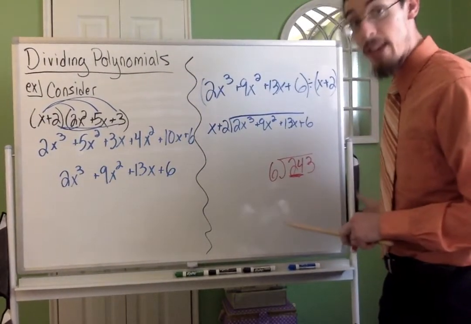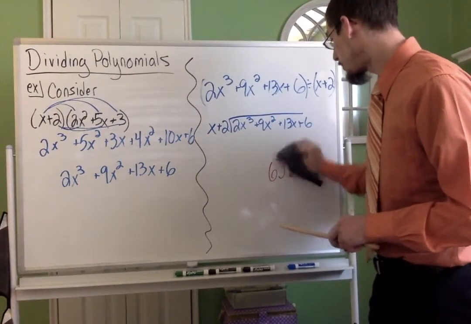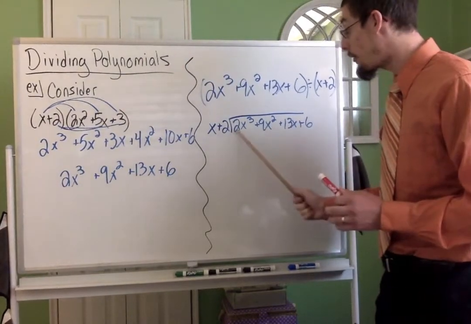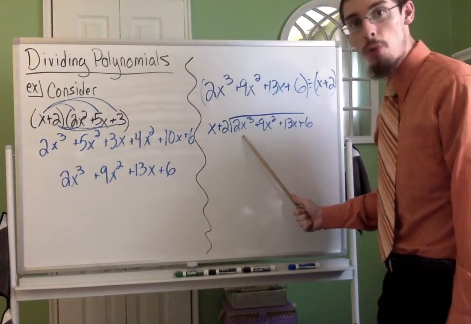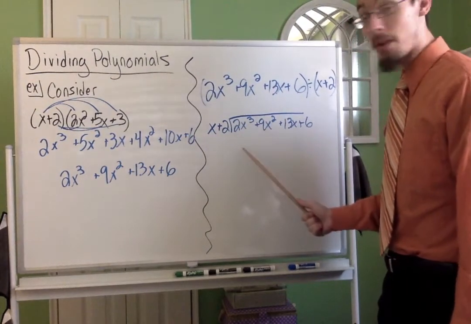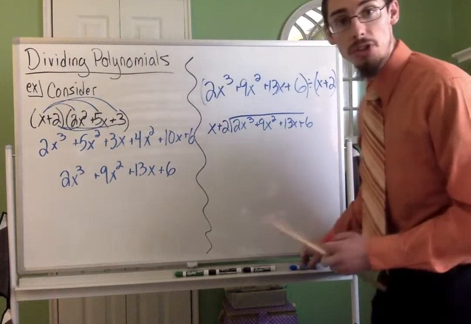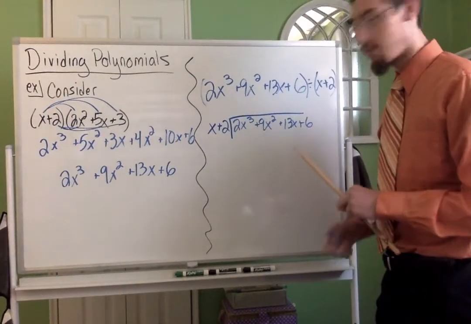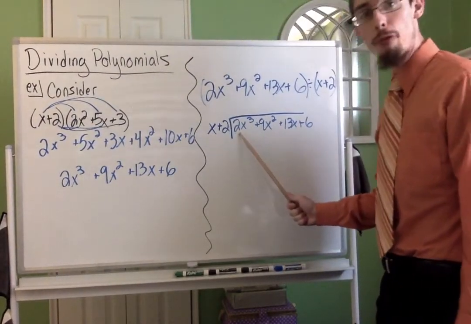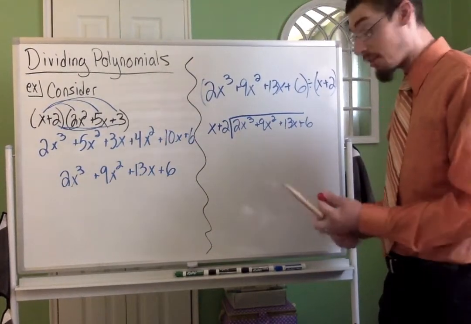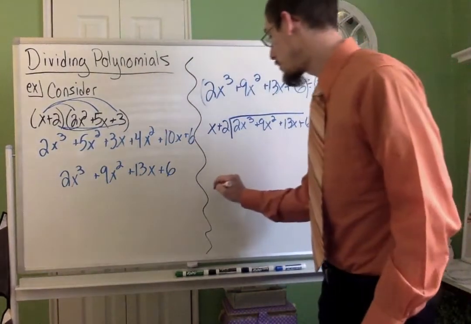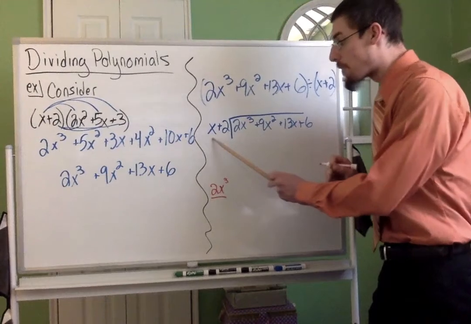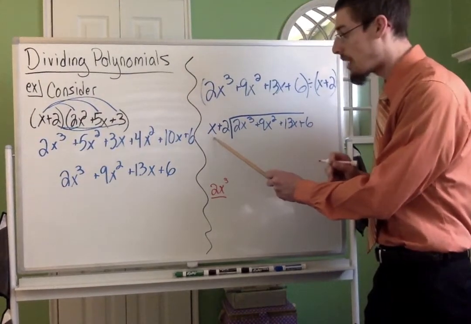So here's the way that it works. The first part of this polynomial is 2x to the third. So what I'm going to do is take the first term of this polynomial, 2x to the third, and divide it by the first term of this polynomial, x.